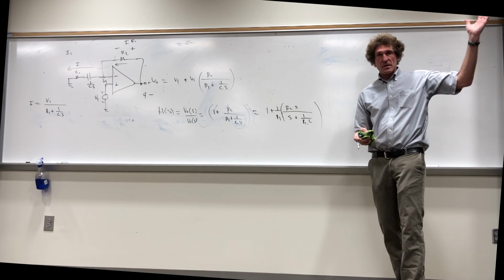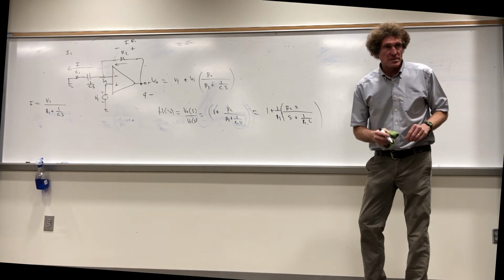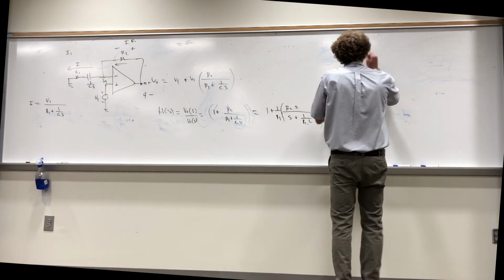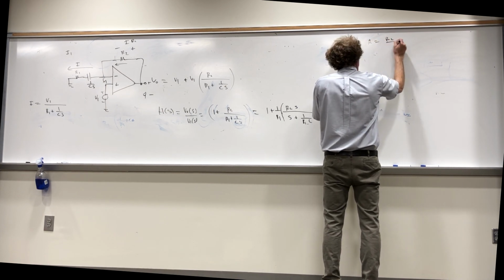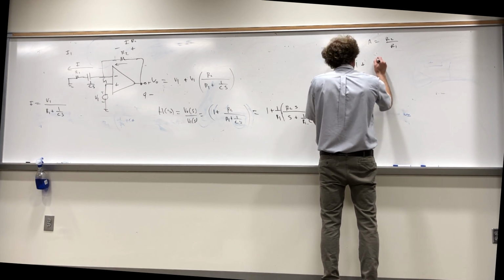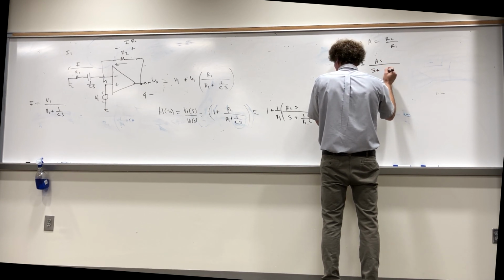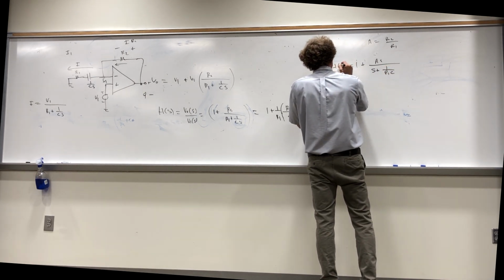Now look, you agree I could take the R2 over R1 and make it a constant? So I'm going to call A equal to R2 over R1. And now I have 1 plus A S over S plus 1 over R1C. That's my H of S.